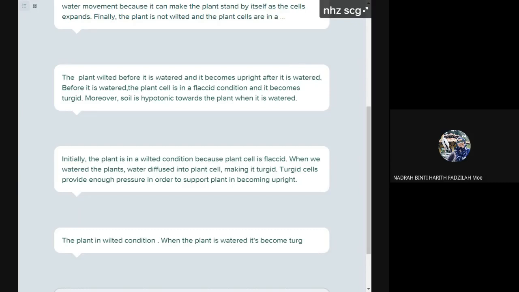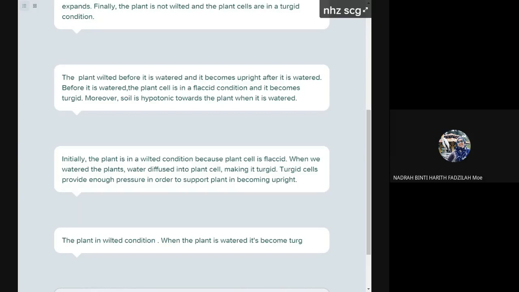Okay, ini cadangan saya lah ya Nurin. I think what I understand from your idea is plant cell regain its turgidity because soil solution has become hypotonic solution where water potential is higher. Soil solution tu lagi banyak air compared to the plant cell. Therefore water diffuse into the plant cell. Turgid tu kamu dah cakap awal-awal kan?